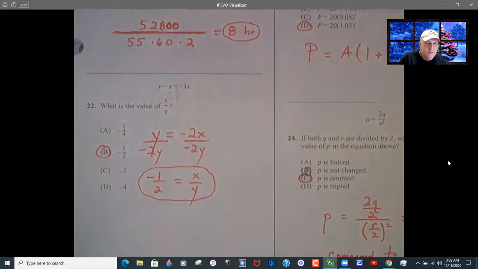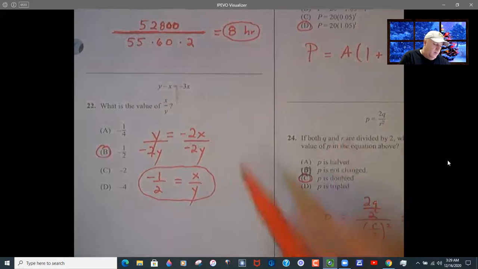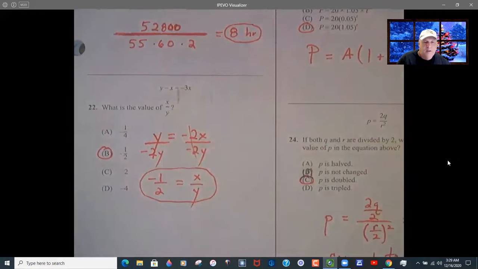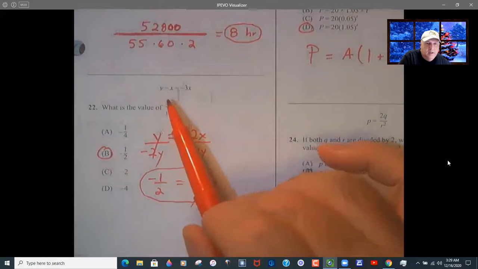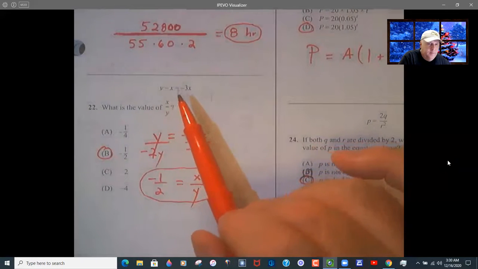You probably could choose numbers, but I saw this as a very clever way to solve for x over y in the algebra way.